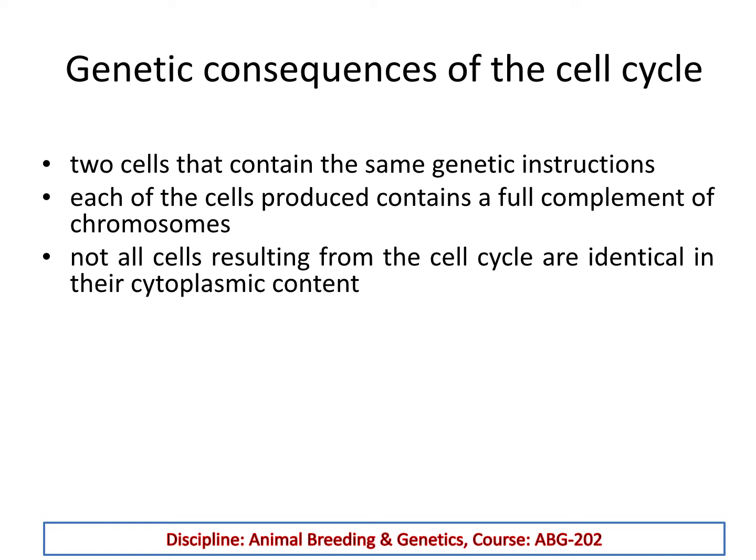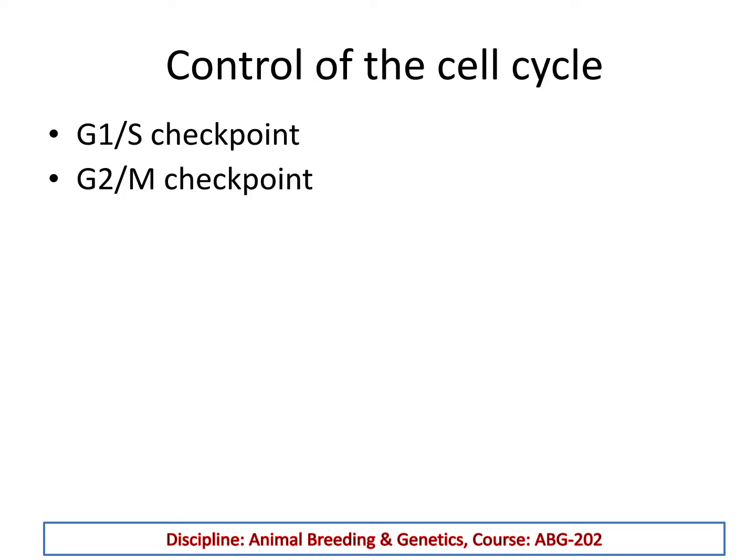Not all the cells resulting from the cell cycle are identical in their cytoplasmic content. So the cytoplasmic contents would not be 100% the same. For instance, there could be variation in the cell organelles like mitochondria, but the nuclear material, that is the most important coding part, would be 100% the same.